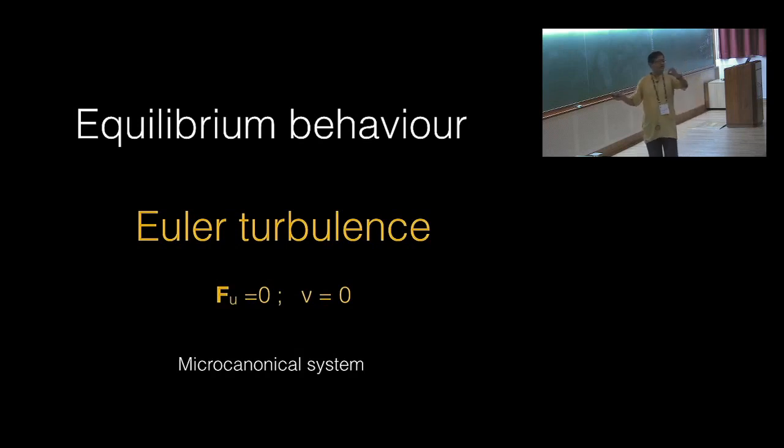Euler is Navier-Stokes with zero viscosity, and for this presentation I will make the external force 0. So it's an isolated system of fluid, viscosity is off, forcing is off, so total kinetic energy must be conserved. This is similar to a microcanonical system.